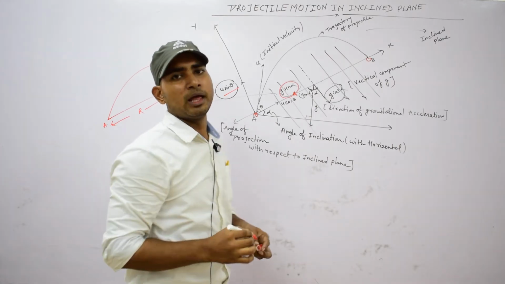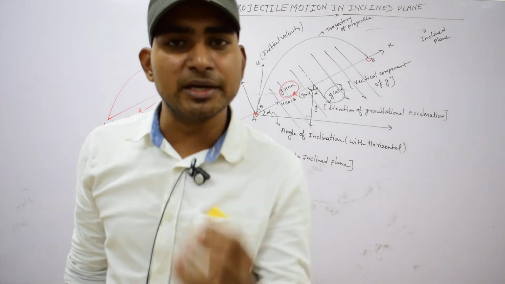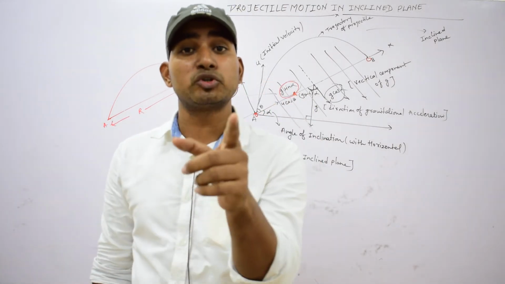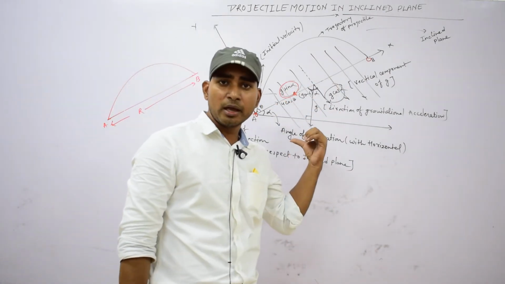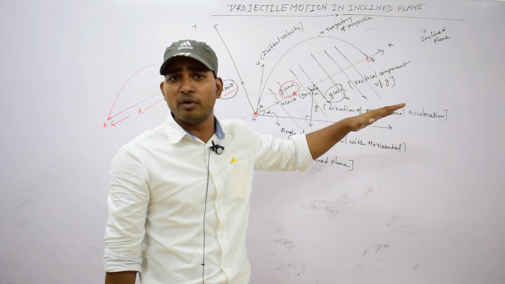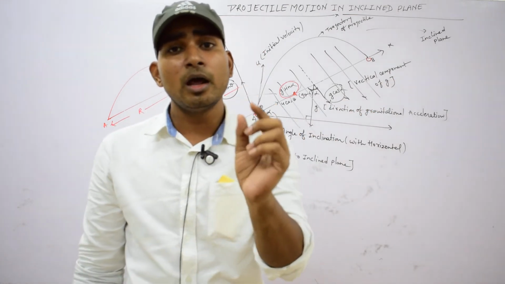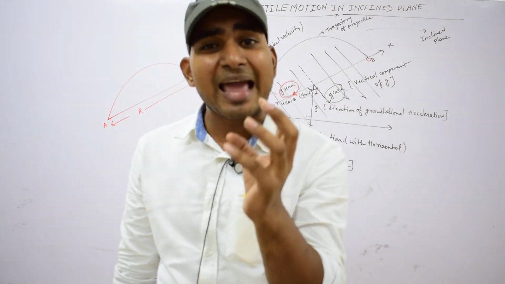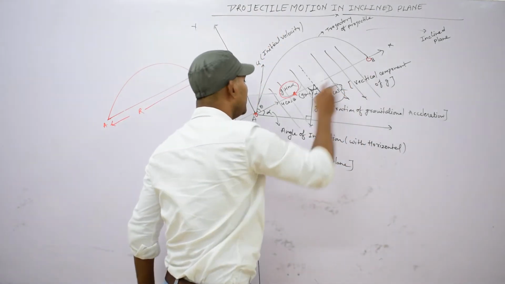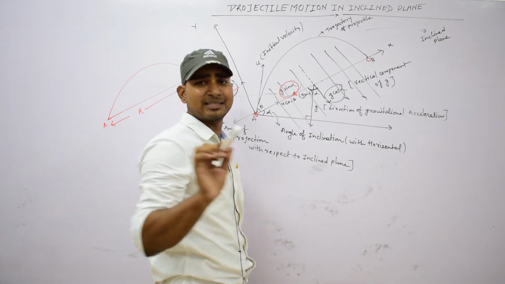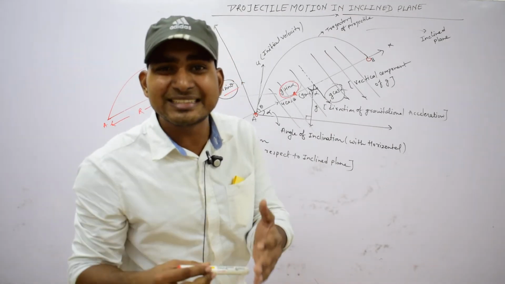Means g sin theta component will be there, but it will retard the motion, not accelerate it, because the acceleration direction is B to A. So if I am moving in the opposite direction, the same component will be there but with the negative sign, because it acts as a retardation. If the body is moving from B to A, this acceleration will assist the body to increase its speed.